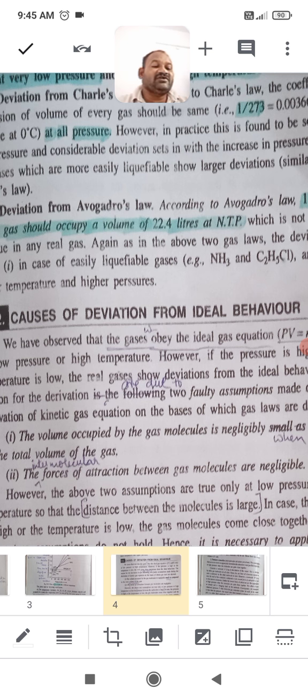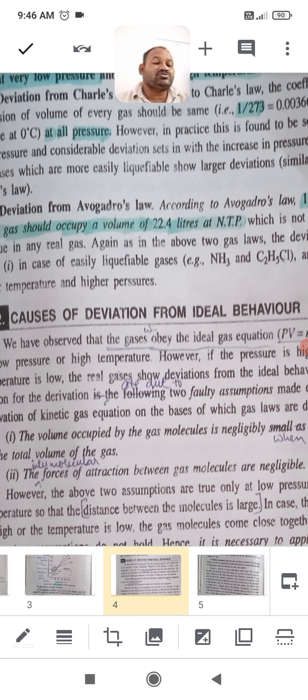The reason for the deviation is the following two assumptions made during the derivation of the kinetic gas equation, on the basis of which gas laws are derived. The volume occupied by the gas molecules is negligible compared to the total volume of the gas. The force of attraction between gas molecules is negligible.